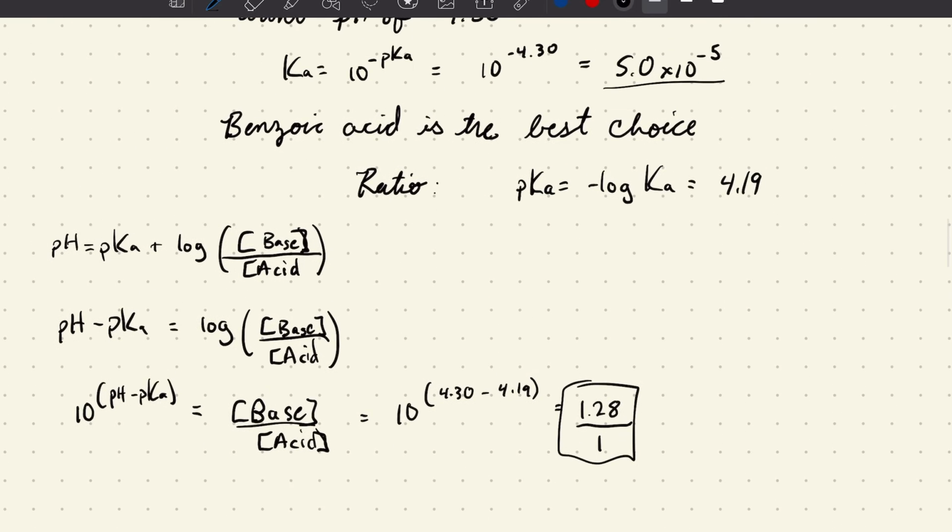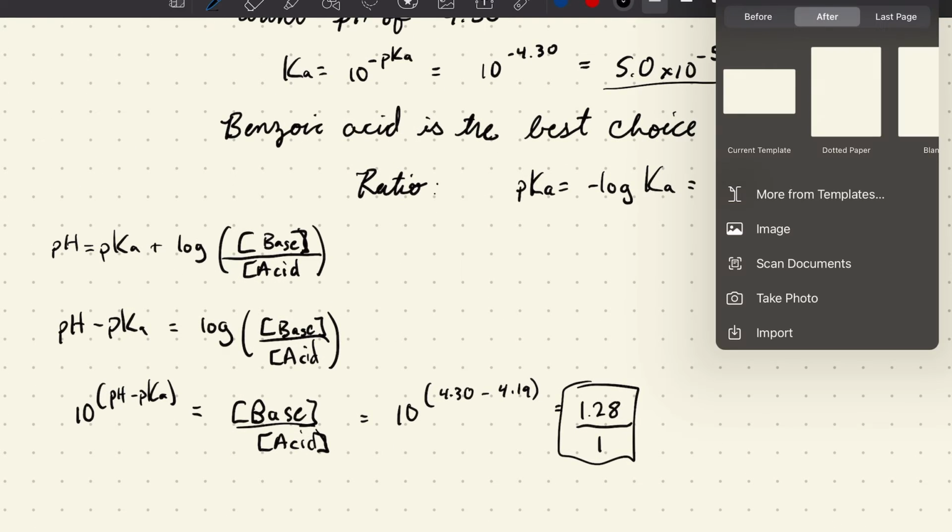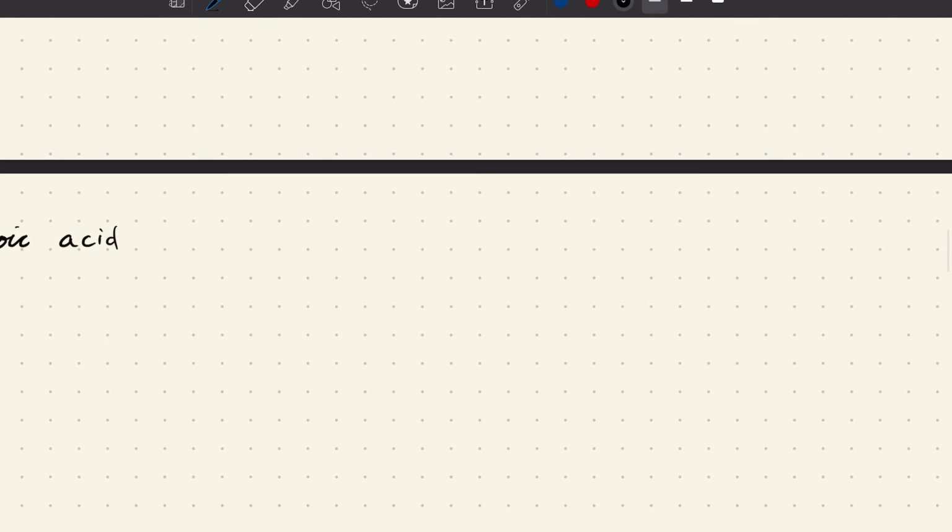So how does this work? Let's compare a good buffer, which is this 1.28, so we're going to compare benzoic acid to nitrous acid.